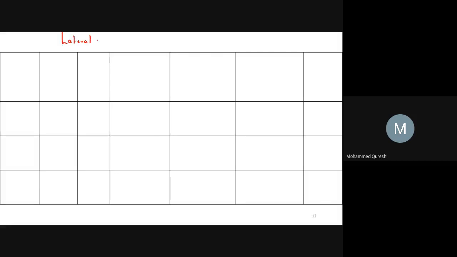So lateral load distribution along the height, and we had calculated the value of base shear here as 288 kilonewton.